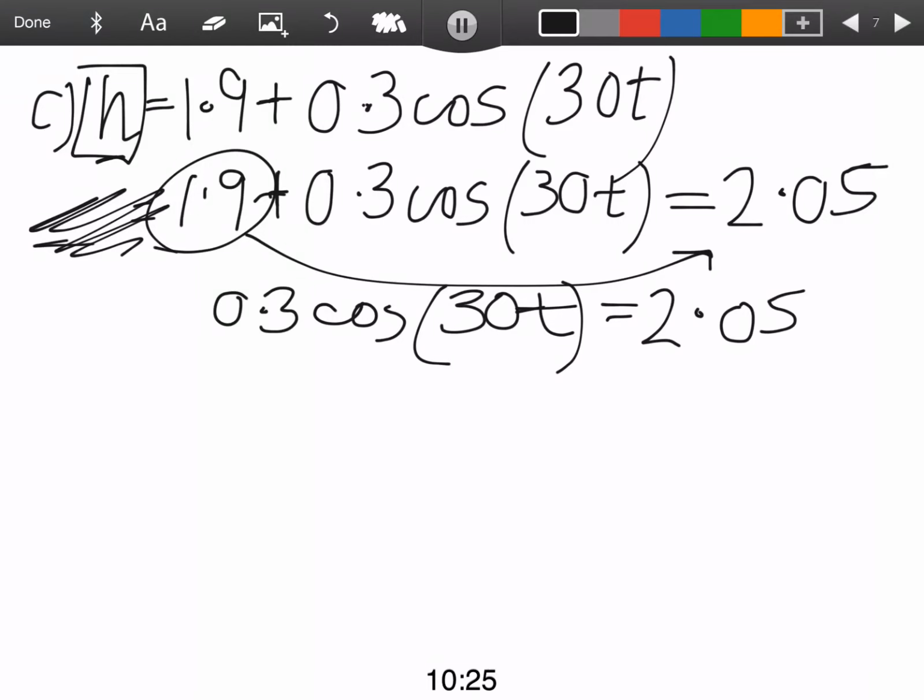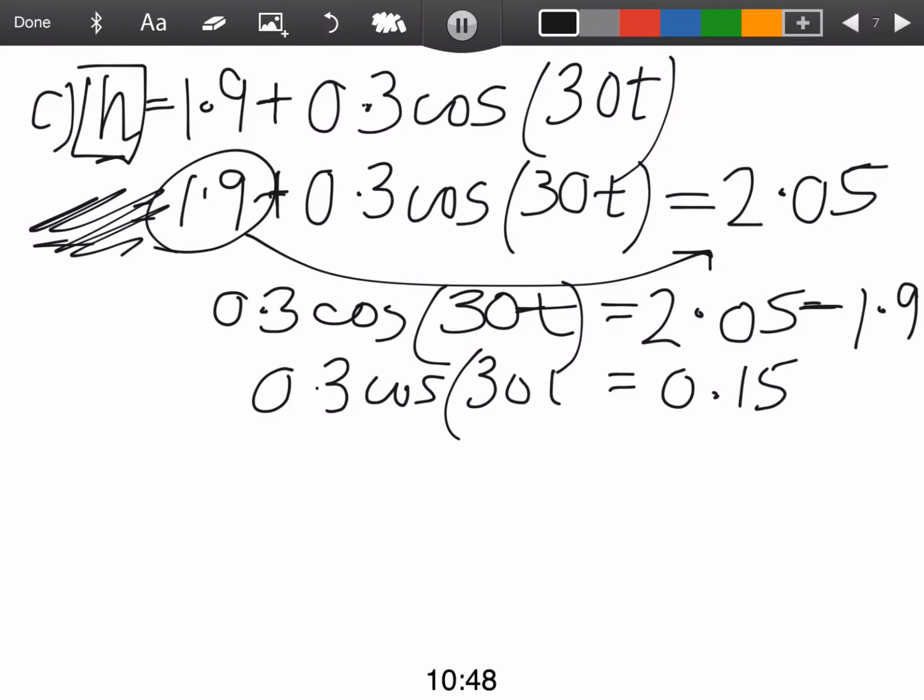It's an addition, so when I move it across, we're going to do a subtraction. 2.05 minus the 1.9, yes, I'm using my calculator, 0.15. So that's what 0.3 cos 30t is equal to. Now what goes next?